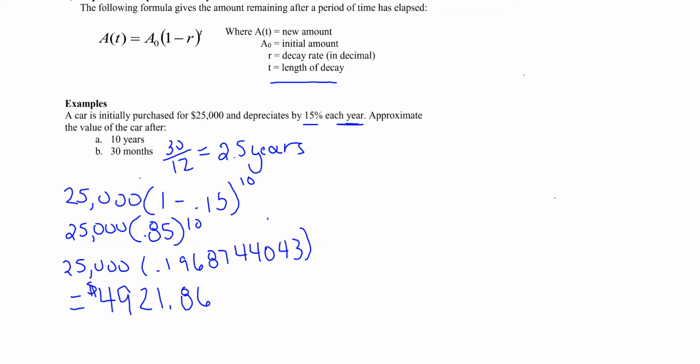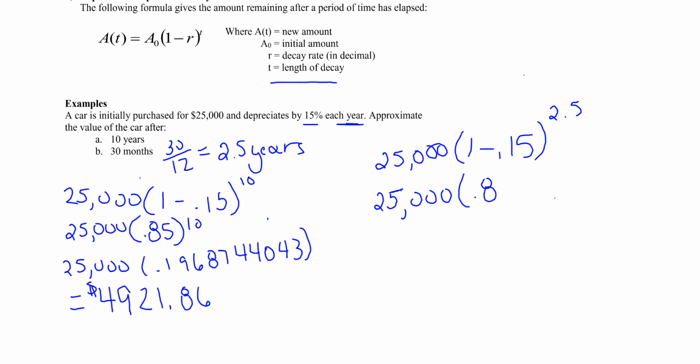And then the last one, 25,000 times 1 minus the 15 hundredths raised to the 2.5 power. So we'll have 25,000 times 0.85 raised to the 2.5 power.